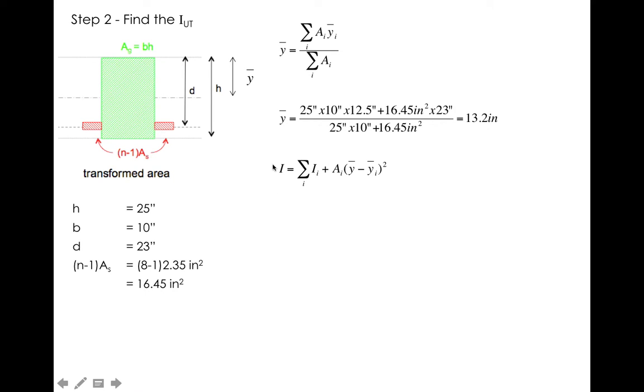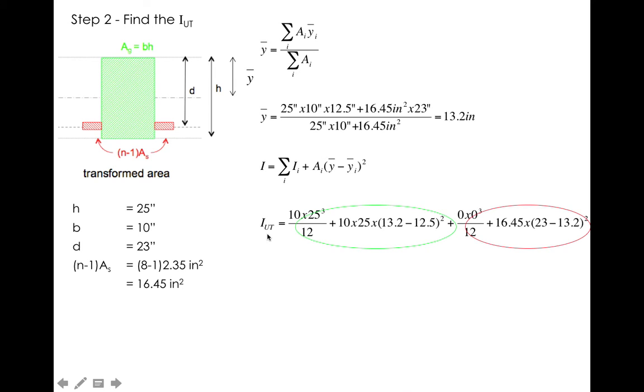I then go ahead and calculate the I for this shape. We have a formula for I for complex shapes. It is the I of the individual shape plus the area of that shape times the distance between the Y bar of the overall object and the Y bar of the shape, squared. We do that for each shape. So for my green shape, I have an I of BH cubed divided by 12 plus area 10 by 25 times the distance between the overall Y bar 13.2 inches and the Y bar of the green shape 12.5 inches, squared.